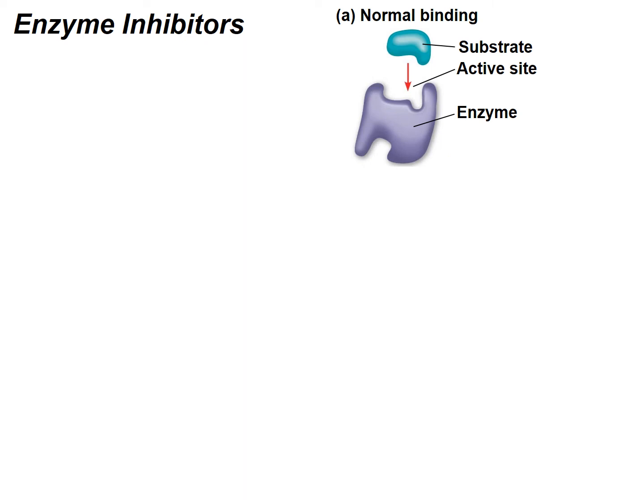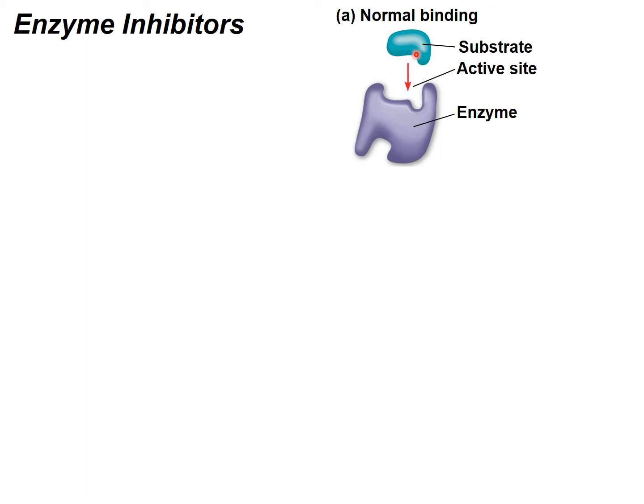Now, there are other molecules that can inhibit the enzyme's activity. So it works against it. Let's look at this enzyme right here. We've got this purple blob, this enzyme, and it's got a few indentations in it. Those are actually sites where molecules can bind. This one represents the active site, and this represents the substrate.